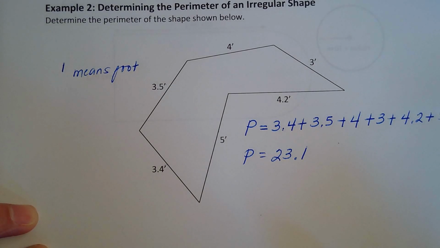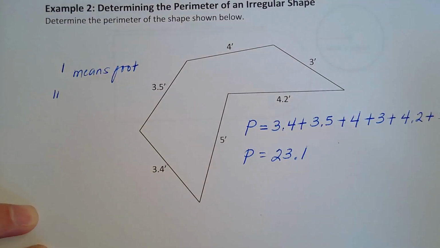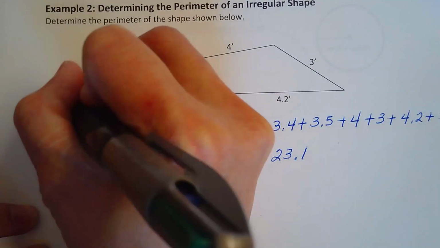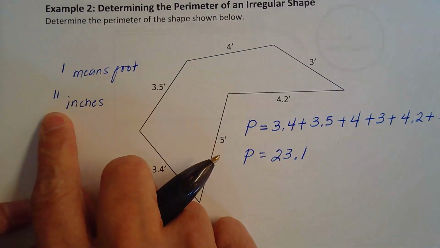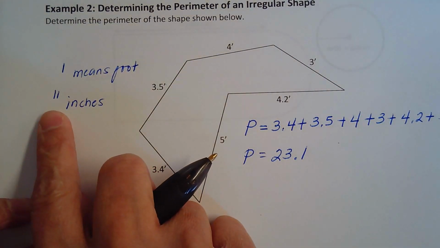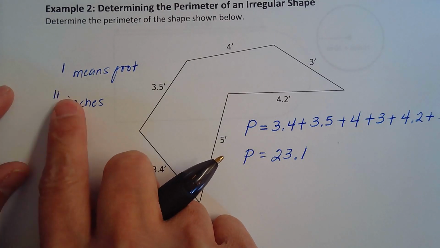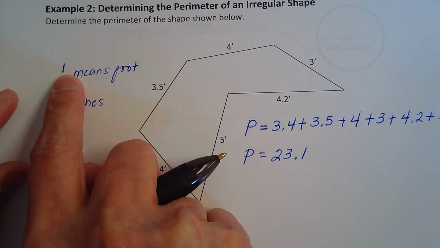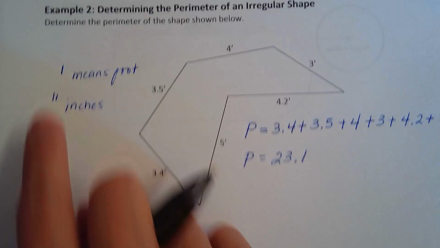And then if there's two of them, it's the symbol for inches. And this is how I think about it. How many syllables does inches have? 2, right? Inches. What about foot? How many syllables? Foot, 1 syllable. That's how I think about it.